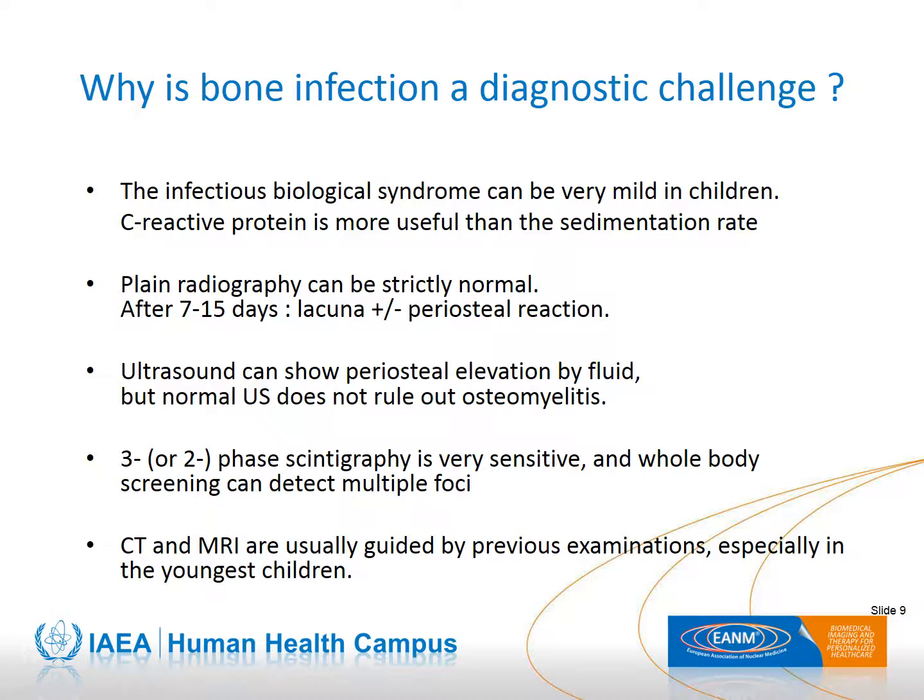Plain radiography is normal during the first week of bone infection, and a normal ultrasound examination does not rule out infection. In an infection context, the bone scan is very sensitive and can be used to guide MRI, which is often difficult in children between 1 and 5 years old.